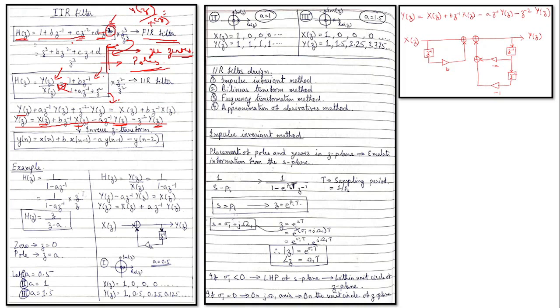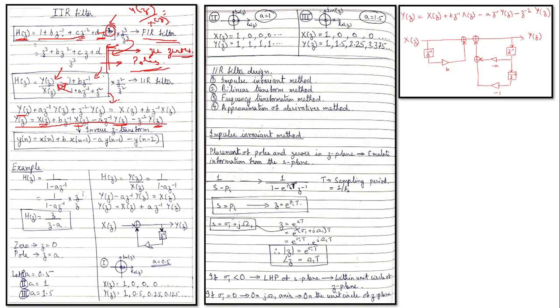In the FIR filter, the output was dependent on the present and past inputs only. However, in IIR filters, the output is dependent not only on the present and past inputs, but also on the past outputs.